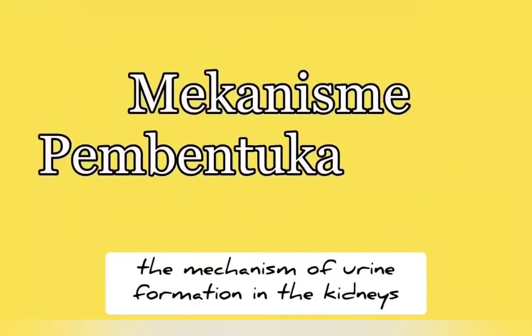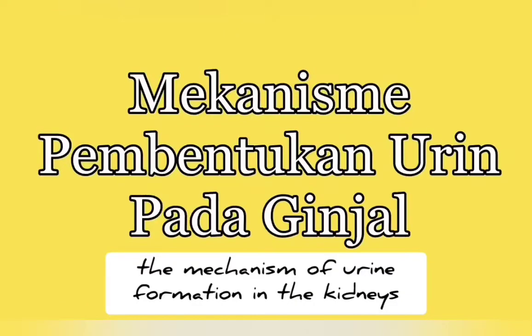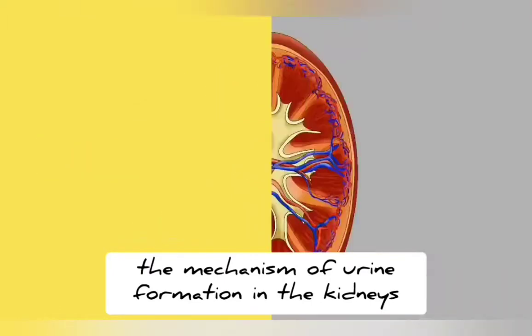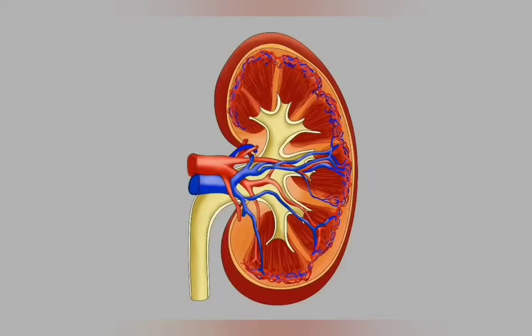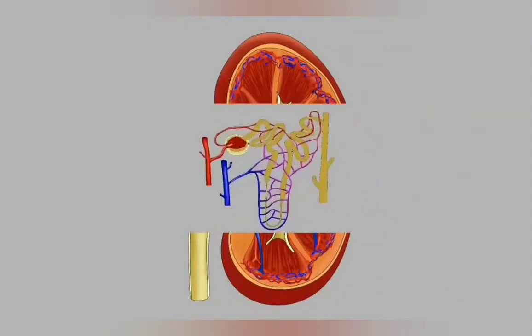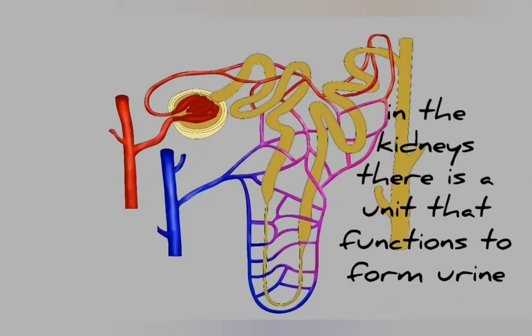The mechanism of urine formation in the kidneys. Now we learn about the inside of the kidney. In the kidney, there is a unit that functions to form urine.